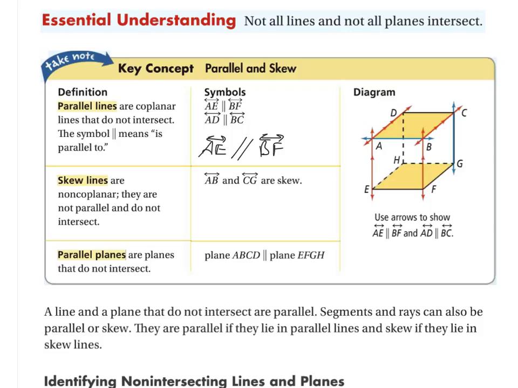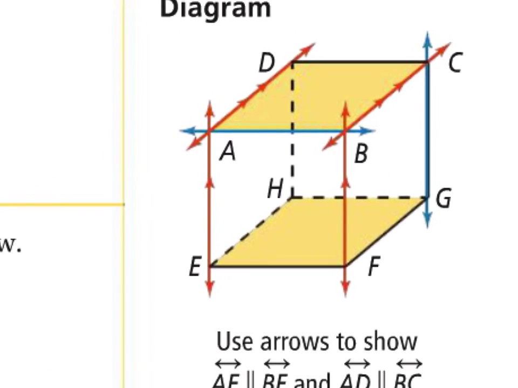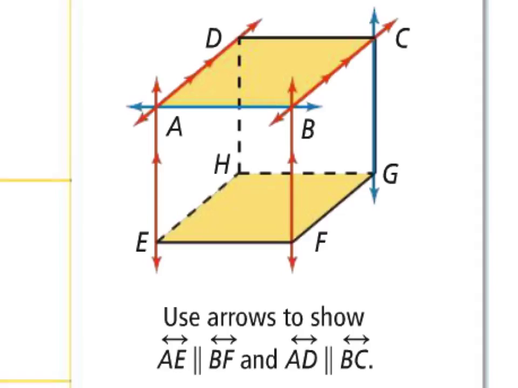There's another symbol for parallel you need to be aware of, and that's over here on our diagram. The two vertical red lines, line AE and line BF, are parallel because the symbol tells us that. But there's another symbol. Right here in the middle of the lines, you see this little arrow. I call them carets. Just like we used a little dash with congruent segments, same thing here with parallel lines.